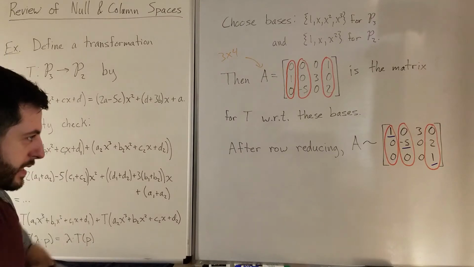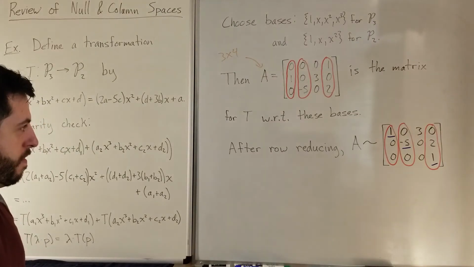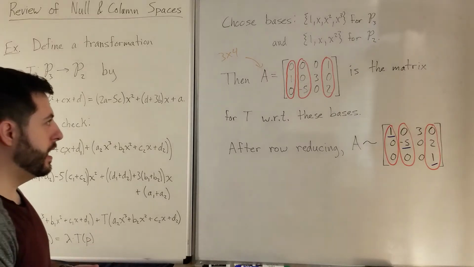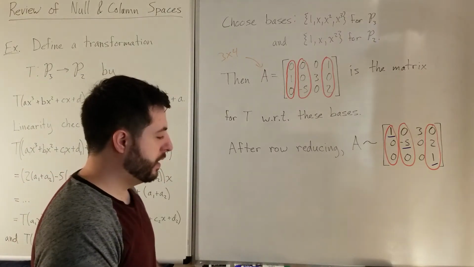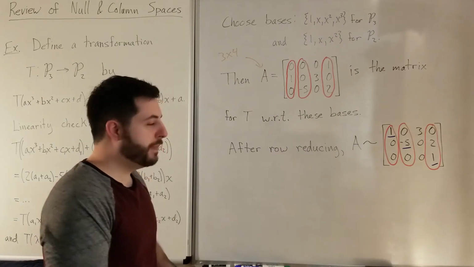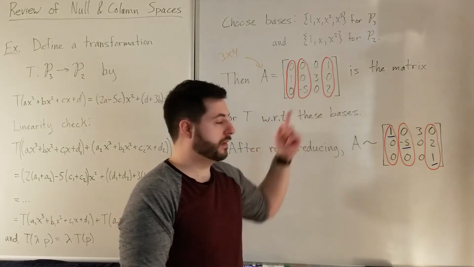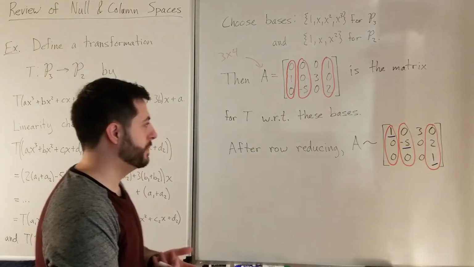And what that means is, well, let's just say this. The goal is to find a basis for the column space. A spanning set for the column space is always going to be the columns of the matrix. That's what the column space is. That's what it means to be a column space.